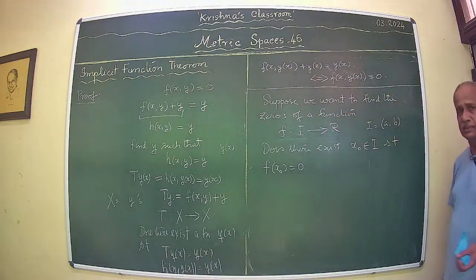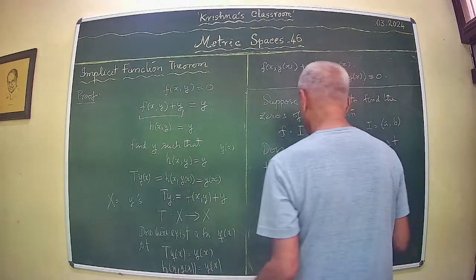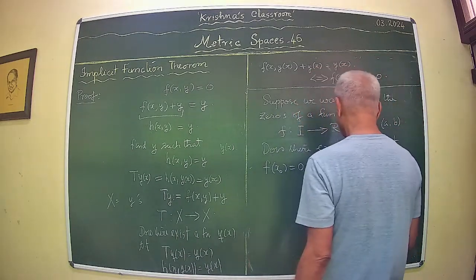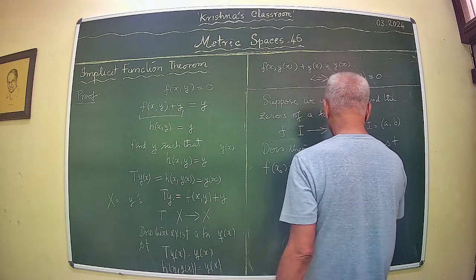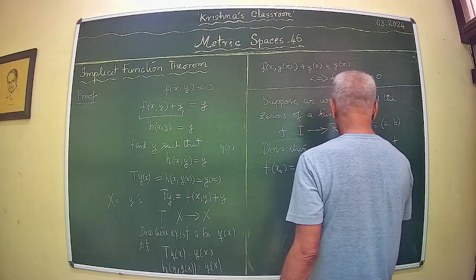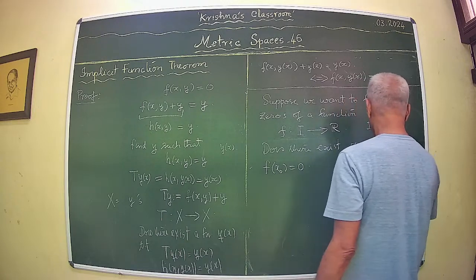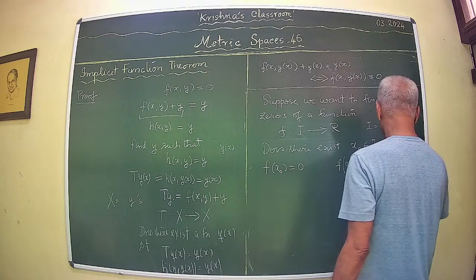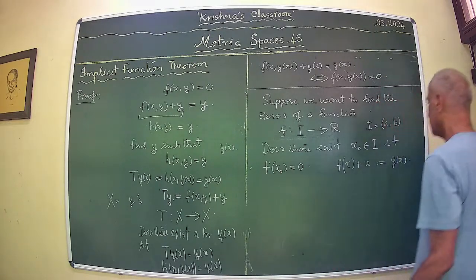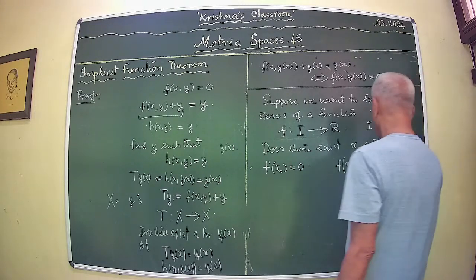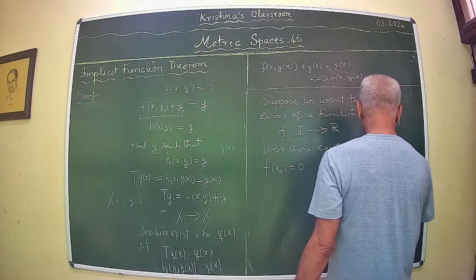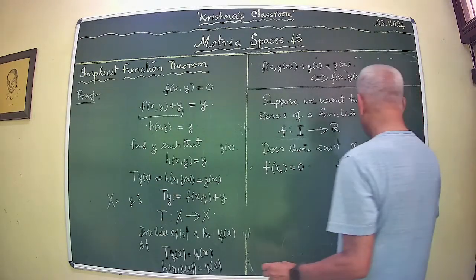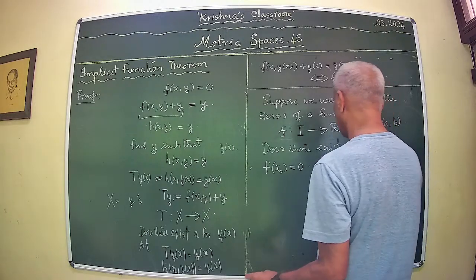Then you say x naught is the zero of this function. In that case, what you do normally is the following. You reformulate the problem in this way. Then look at the problem g(x) equal to x.